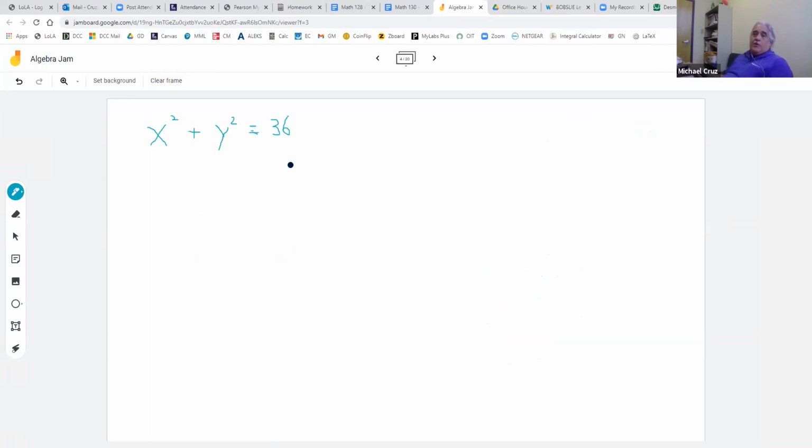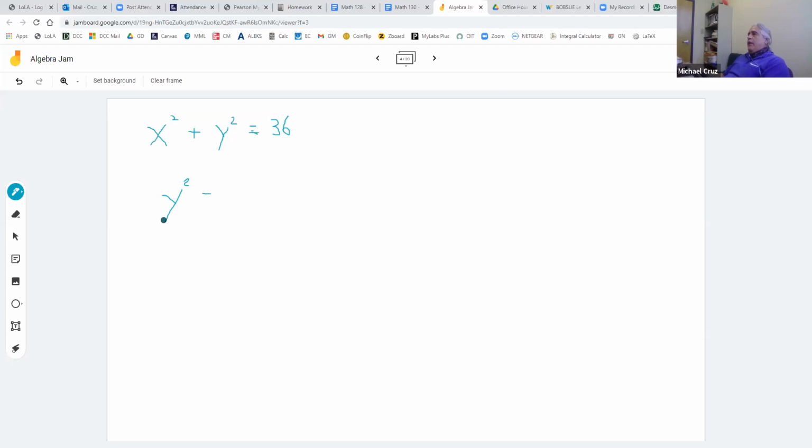The circle is always going to have the x squared plus y squared. You could even have x minus something squared and x plus something squared, and this number would change. What's the key factor for it being a circle is you've got an x squared and a y squared in it. But if we try to solve for y, watch what happens.